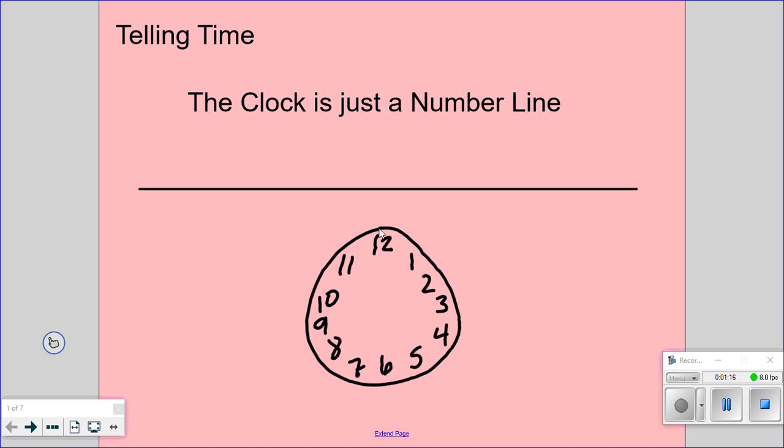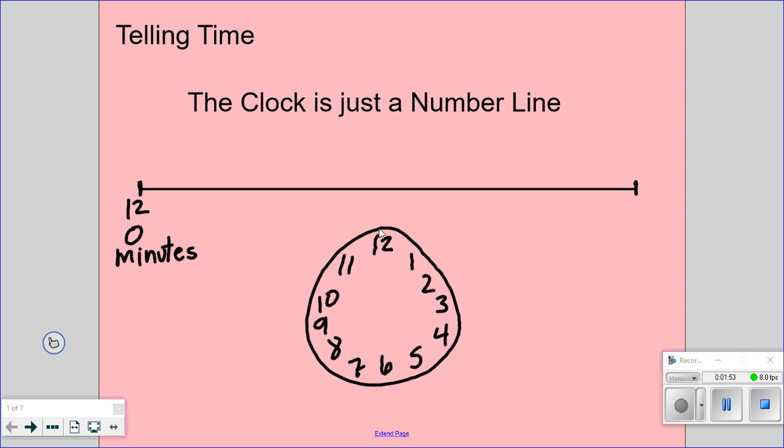It gets a little tricky at the start and end points. Normally on a number line, my starting spot is different than my ending spot. But because a clock is a circle, the starting spot and the ending spot are going to be the same number, which in this case is 12, a big 12. At the beginning of our number line, this means 0 minutes.